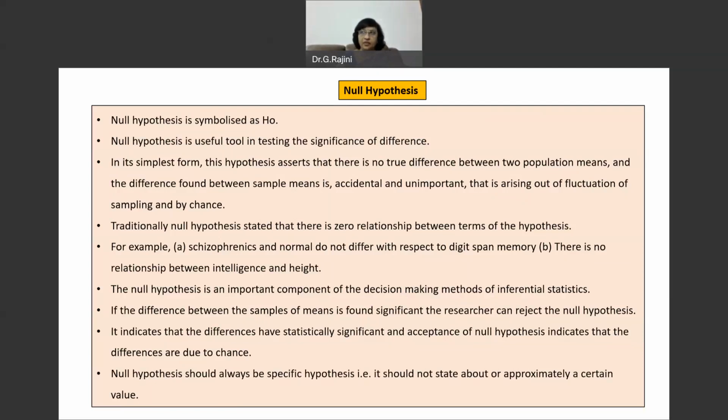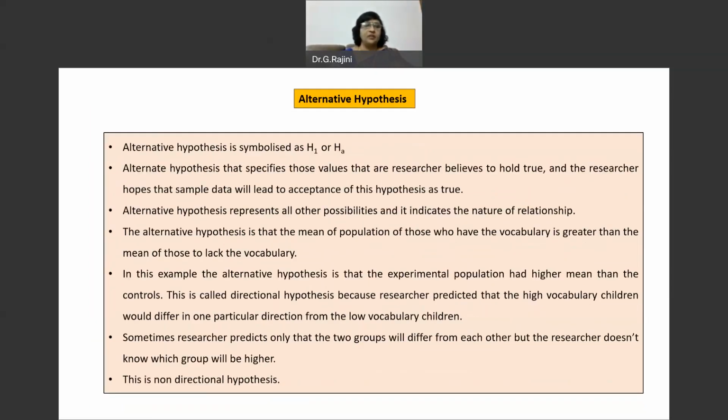So the null hypothesis, as the name itself implies, is null and void. That's how you have to state it. Okay. Now, the alternate hypothesis. The alternate hypothesis is symbolized as H1 or HA. You can either use alphabets or you can use numbers 1, 2, 3.